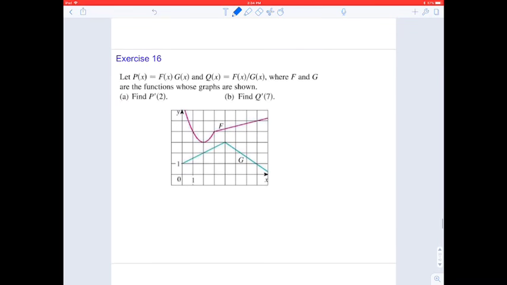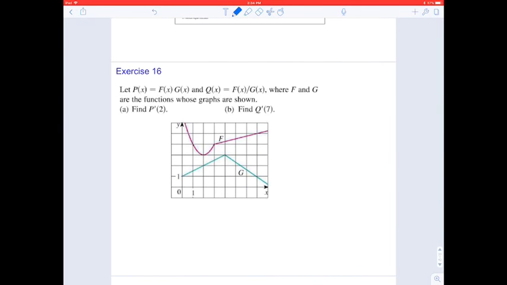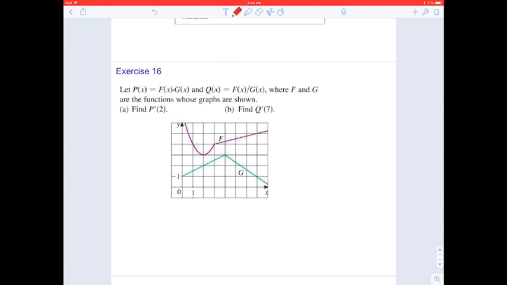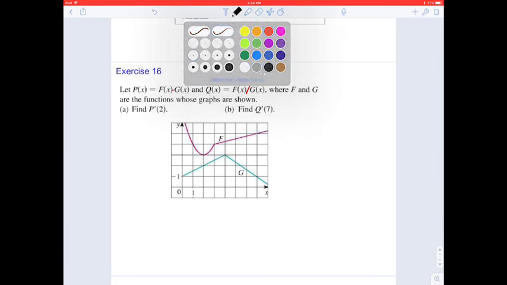Exercise 16. Let the function p be defined as f times g, and q be defined as f over g, where f and g are the functions whose graphs are shown. Okay, f is the pink one and g is the green or blue, I think greenish.